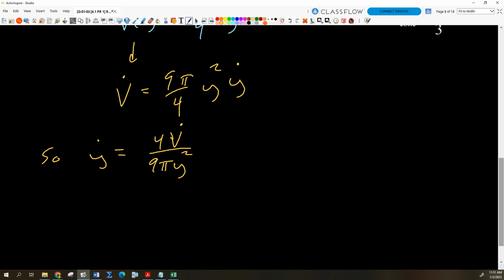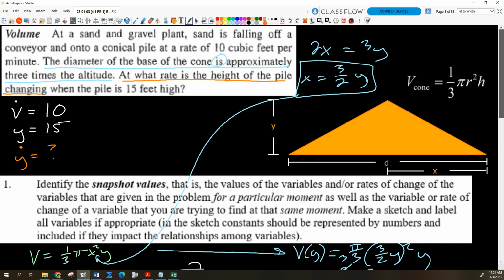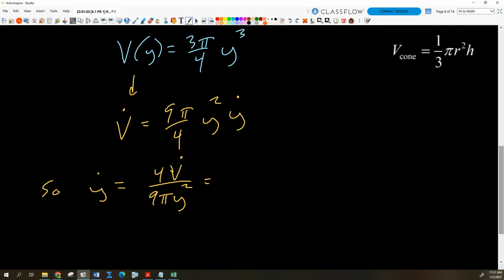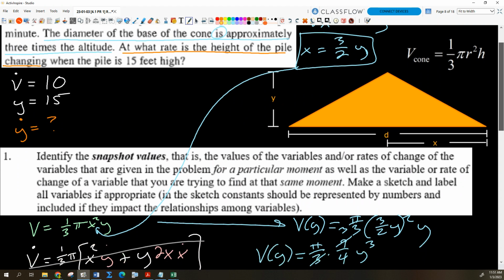Okay, and those are things I can plug in. V dot was what, 10? Is that what it was? Yep, 10 in our units. And y was 15? No, what was it? Was it 15? 15 feet high, right, okay.